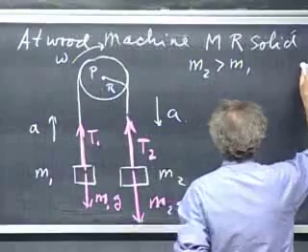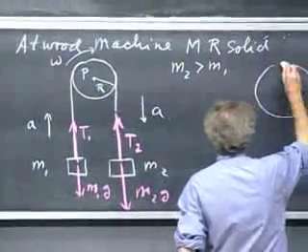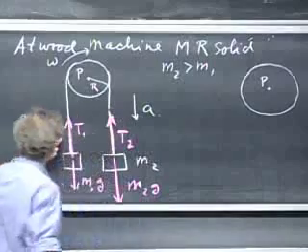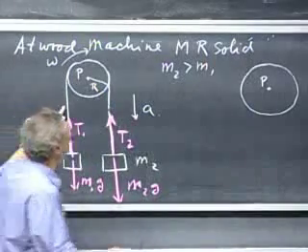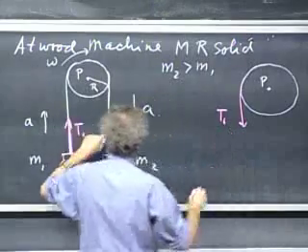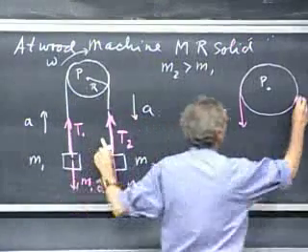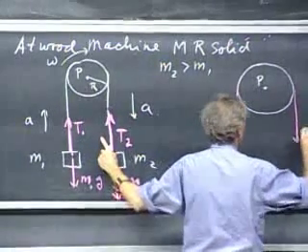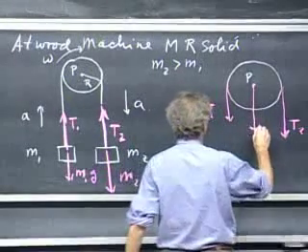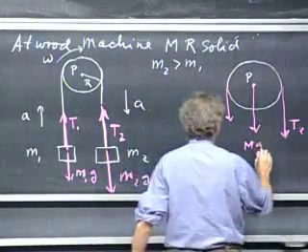For the pulley, it's a little bit more complicated. This is that point P. If here's a tension T1, it's pulling down on the pulley. So this is T1. And this T2 is pulling down on the pulley. So there's T2. It has a mass, so it is weight mg.